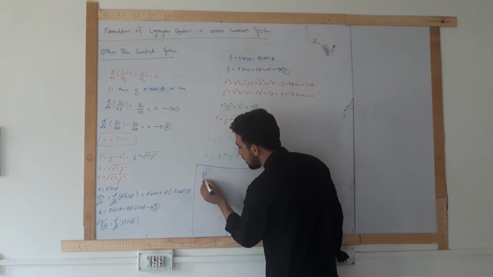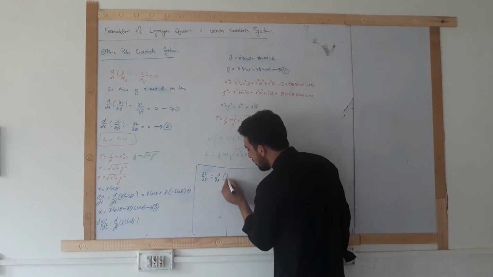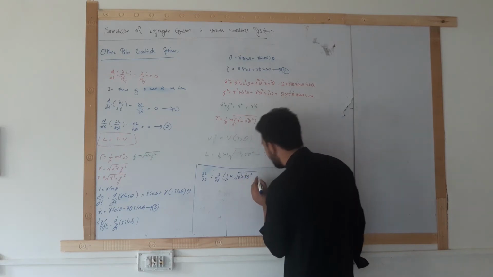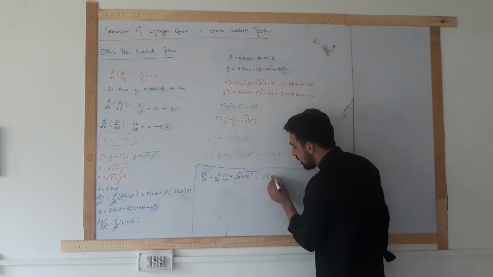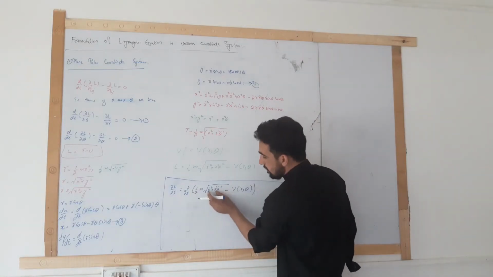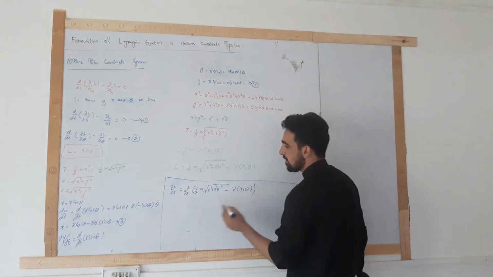Partial L by partial r dot is equal to partial by partial r dot of 1 by 2 m r dot squared plus r squared theta dot squared minus V of r and theta. In this equation, the only term that involves r dot is the first term, and the rest will become 0.